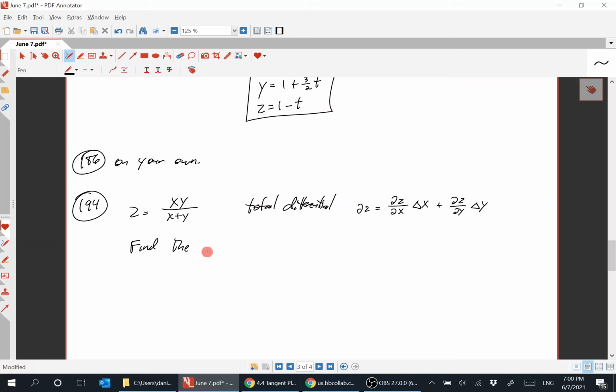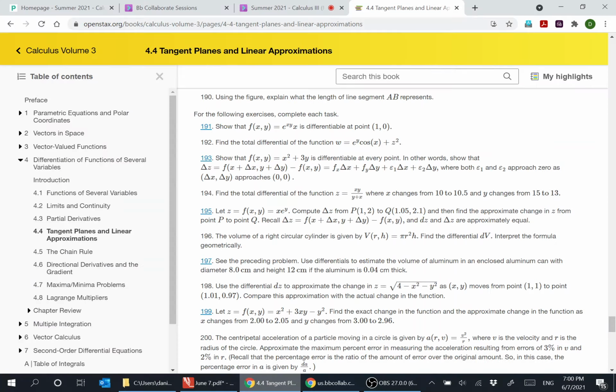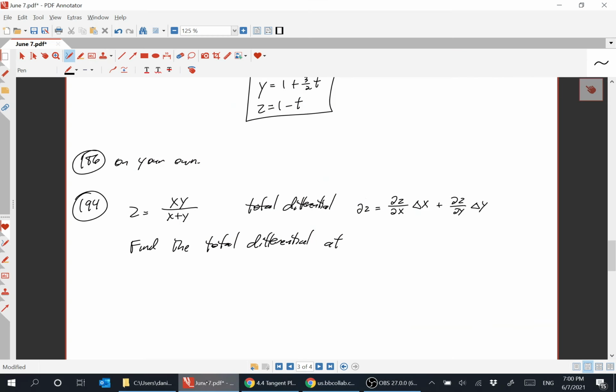Find the total differential at x and y equal to 10 and 15.